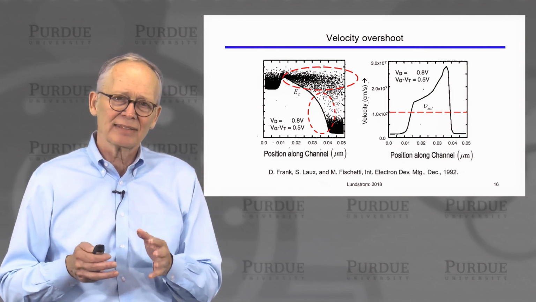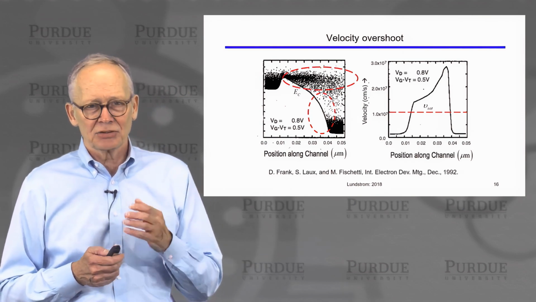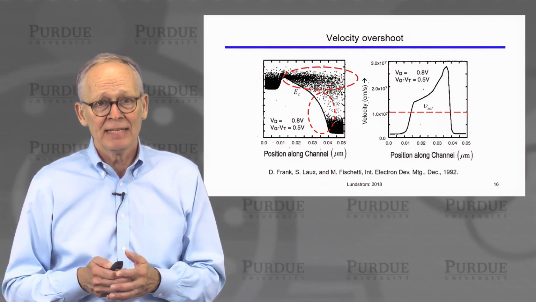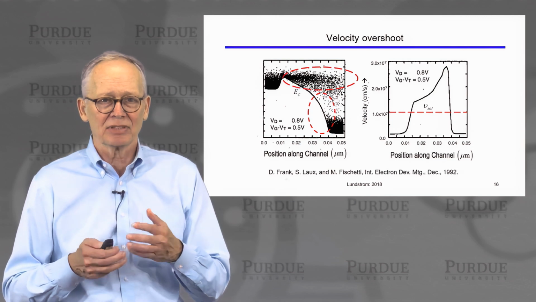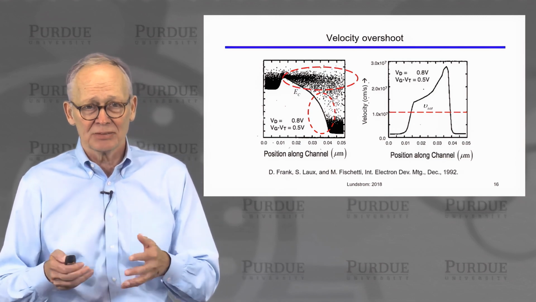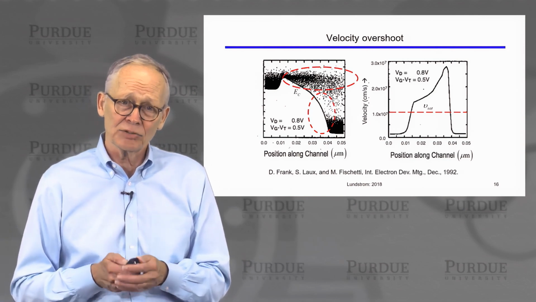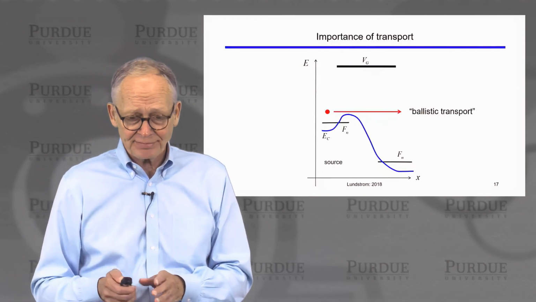But the basic reason that this is occurring is because the electrons are zipping across the channel so fast that they don't have a chance to scatter very often. They get out of the device before the scattering has been able to slow its velocity down to 1 times 10 to the 7th. So this phenomenon is called velocity overshoot, and we know that it's present in modern transistors.